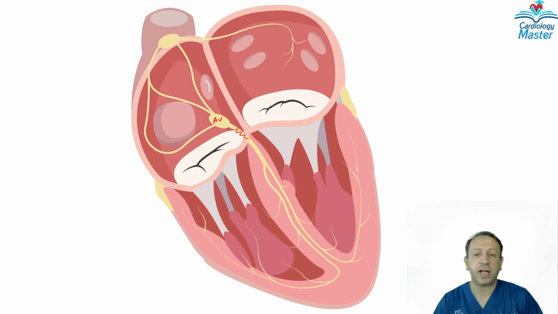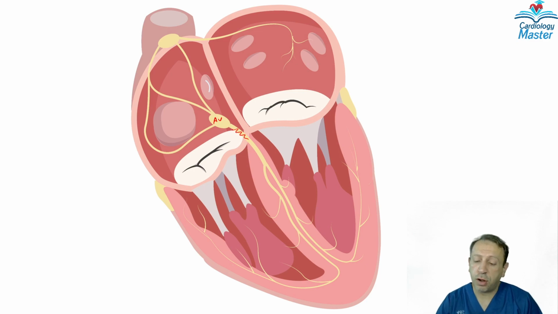What is pre-excitation exactly? Pre-excitation means that a segment of the ventricle has been pre-excited before the normal transmission of the impulse happens. And how does that happen?